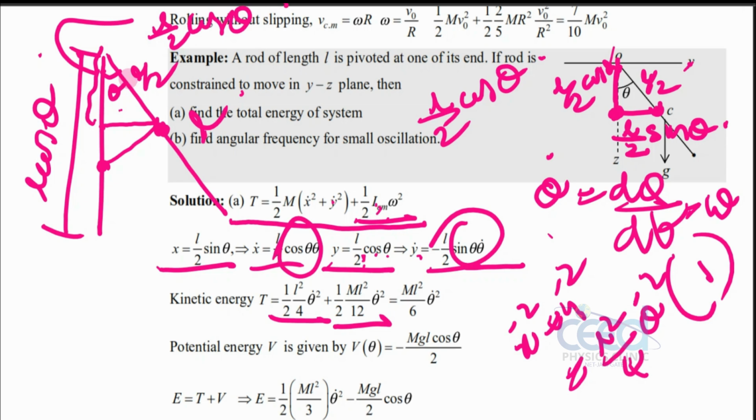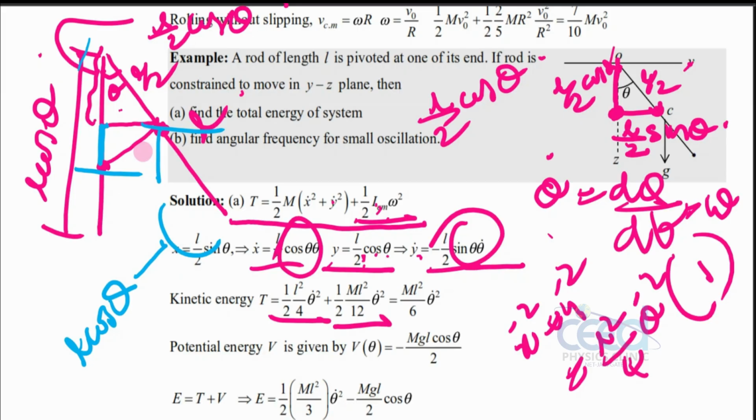So after getting L by 2, what is the height it is rising? This blue colored mark, this much height only the center of mass rises. The center of mass was initially here, and now this is the level. How do we find the height risen? The total is L cos theta, minus this distance.